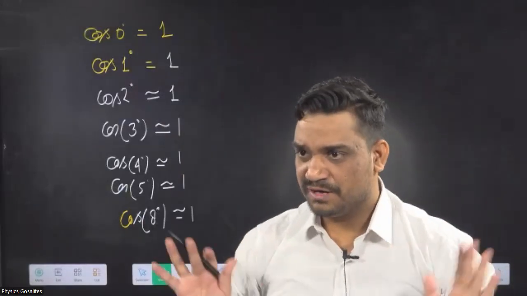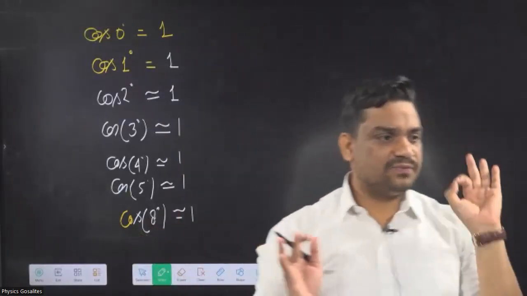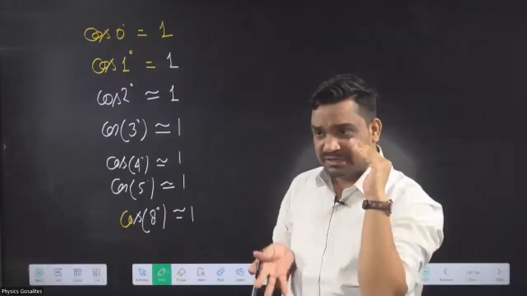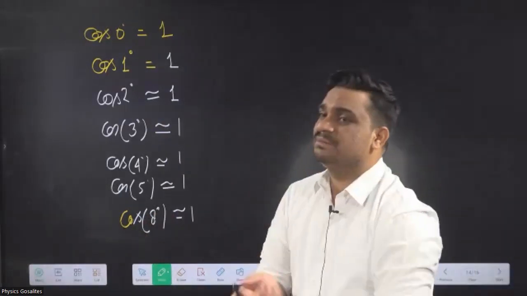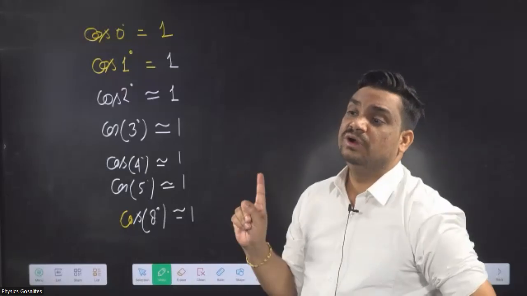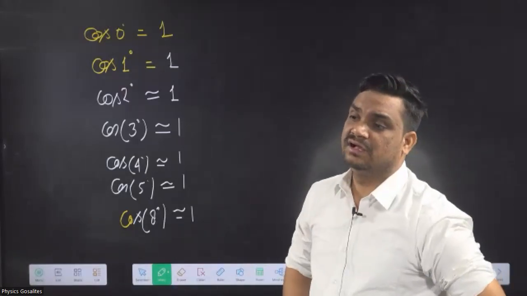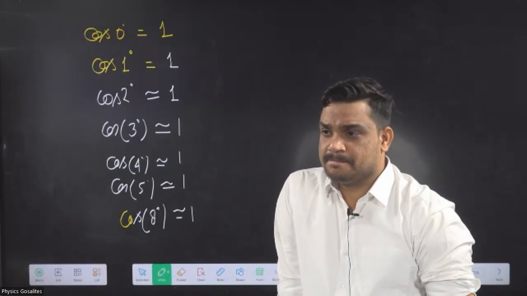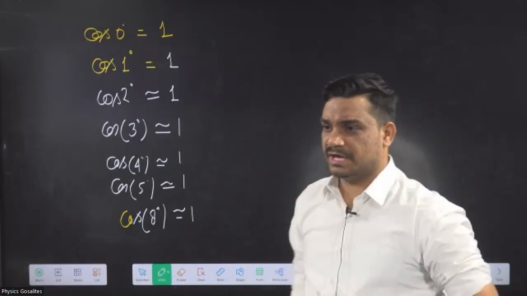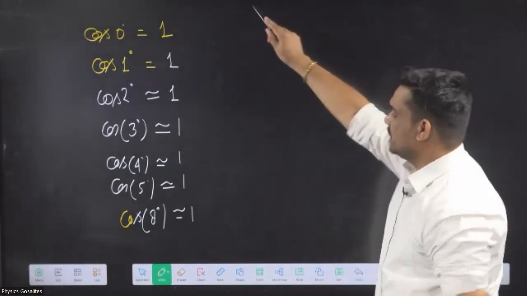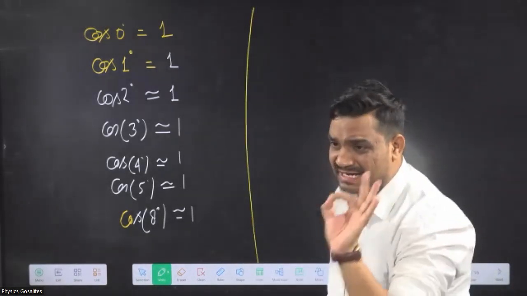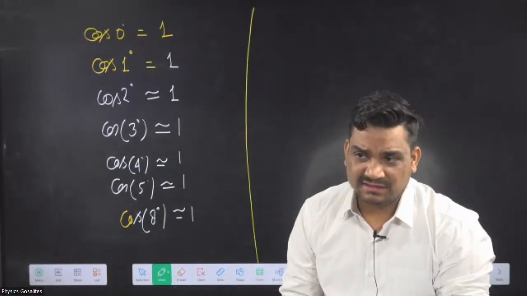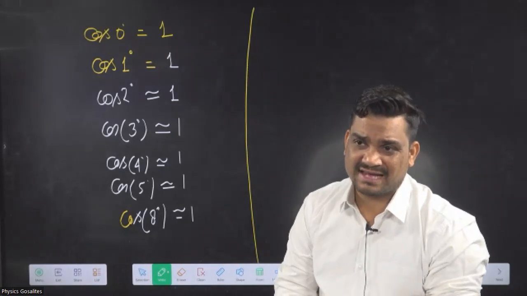Is there any problem now? So we learned that up to 10 degrees, if any small angle is coming, then we can say this is going to be 1. Clear? Okay. So this is the thing that we have written here, that cos up to 10 degrees is always 1. Sin theta and tan theta we will write in the next class.